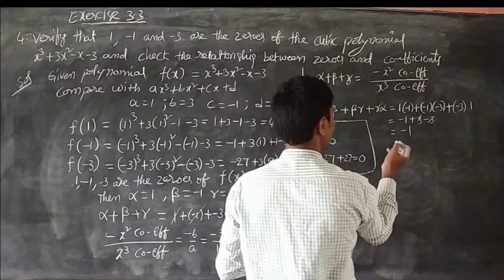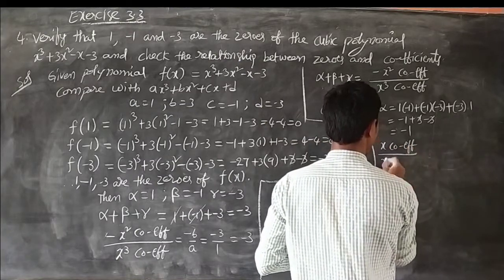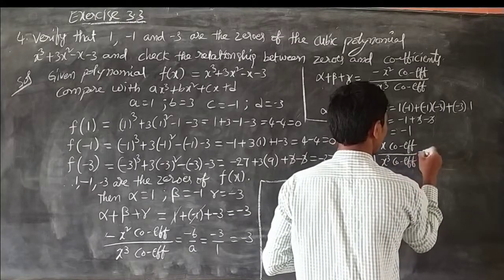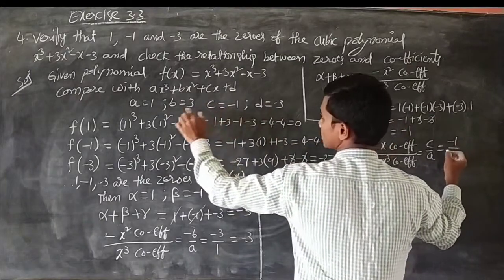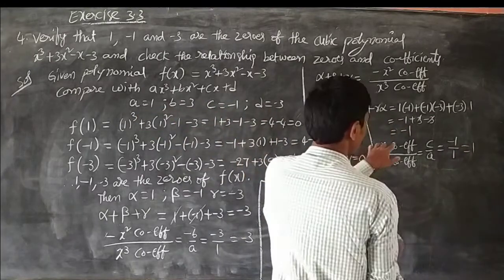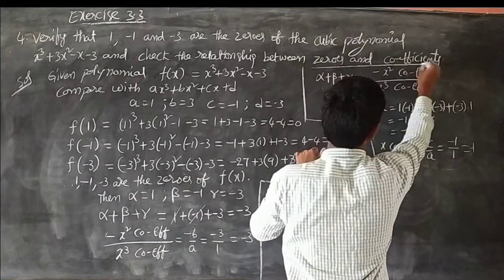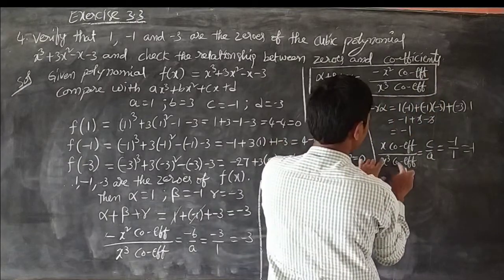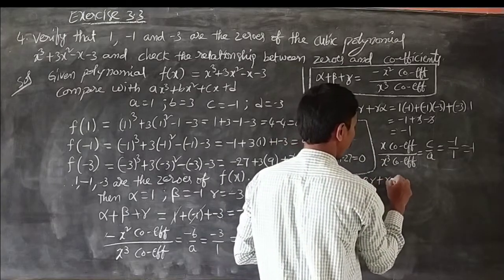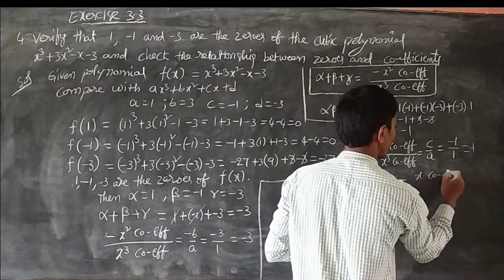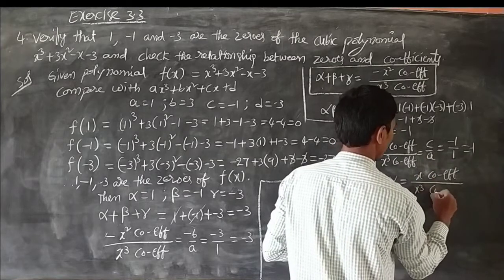So find out x coefficient by x cube coefficient, that is c by a, c value is minus 1, a value is 1, minus 1 by 1 is equal to minus 1. So alpha beta plus beta gamma plus gamma alpha is equal to x coefficient by x cube coefficient.